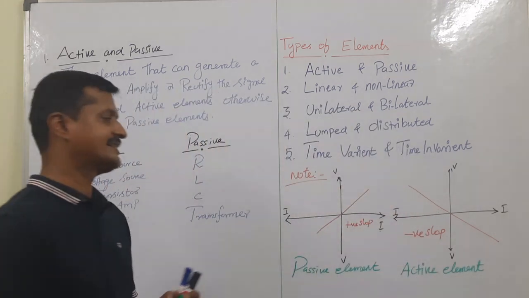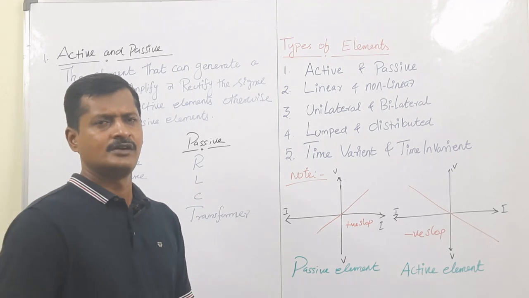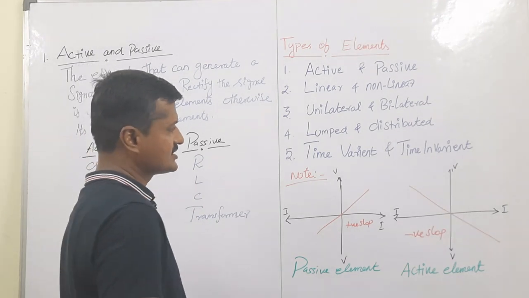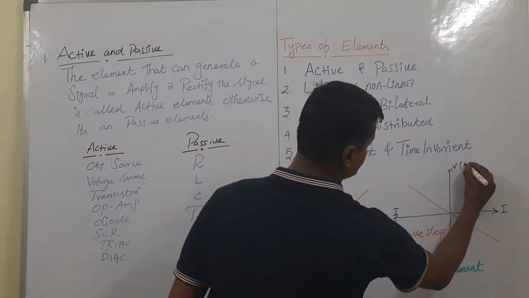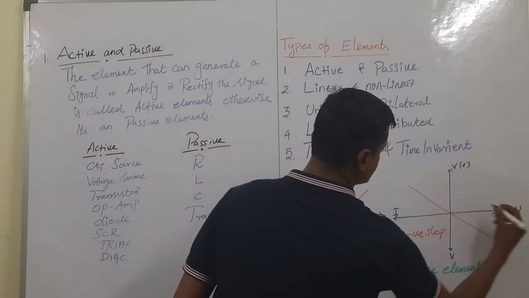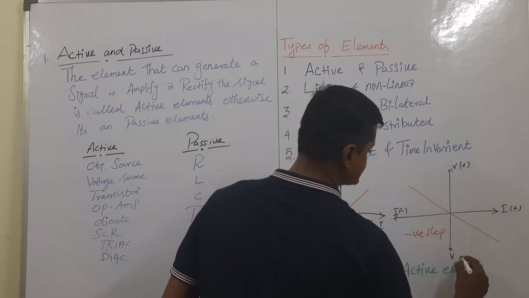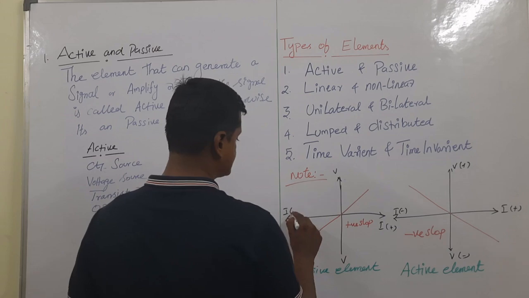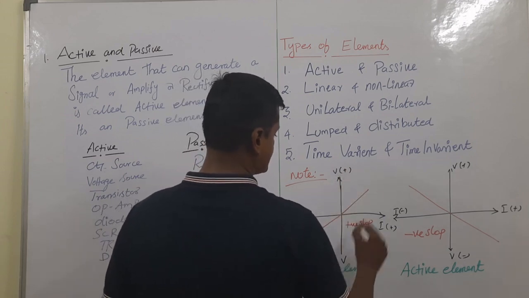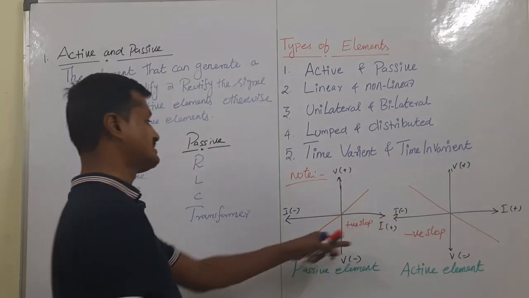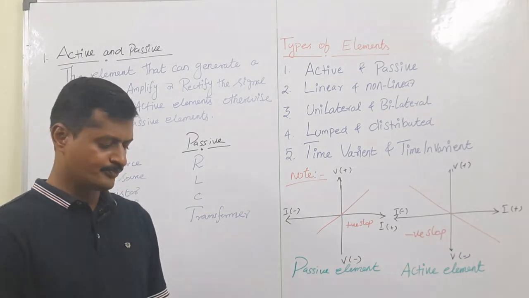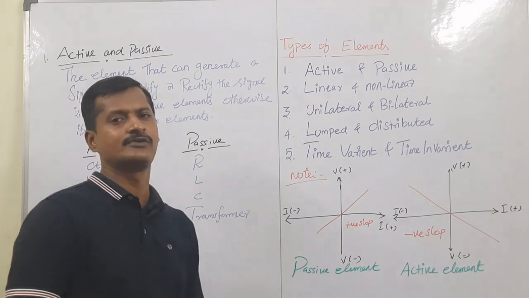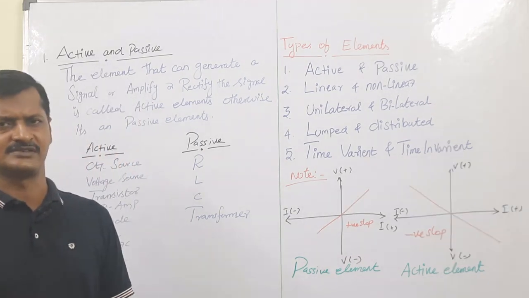The quadrants are voltage plus, current plus; voltage minus, current minus; the 4 quadrants are 1, 2, 3, 4. So that's all about active and passive elements.